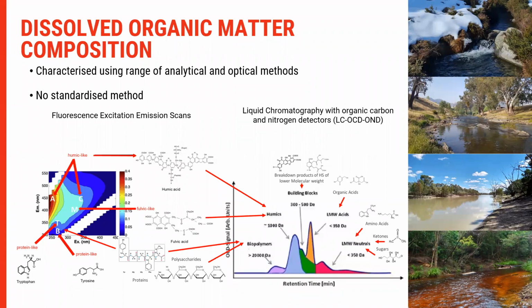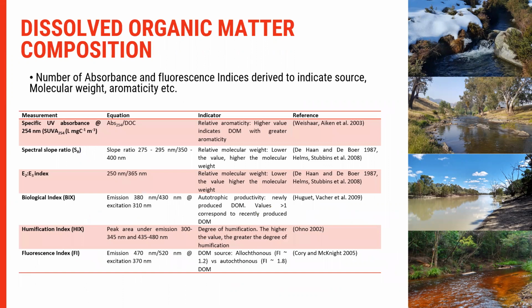So biopolymers, humics, which consists of your humic and fulvic acids, building blocks, which tend to be the breakdown products of your humic substances, your low molecular weight acids, and your low molecular weight neutrals. And you'll see results from both these two methods. When I bring up the organic nitrogen results, I use liquid chromatography with mass spectrometry, and I'm characterizing amino acids. And I'll talk about that later.